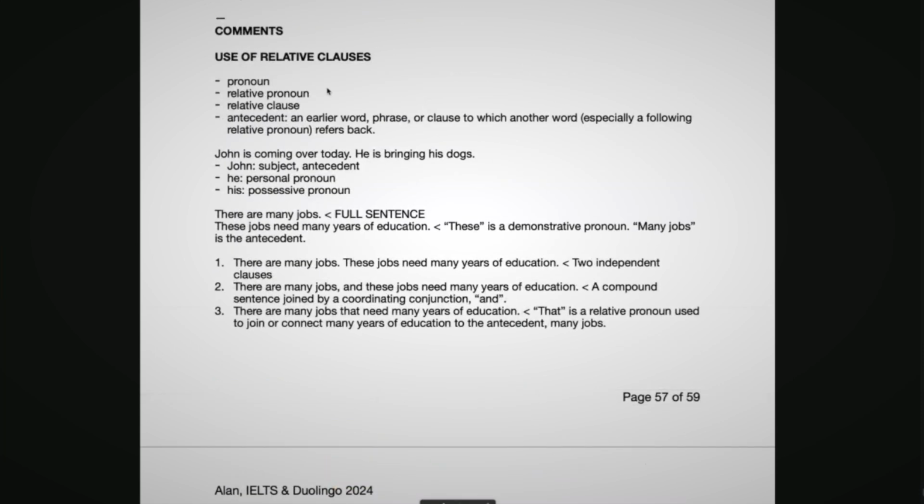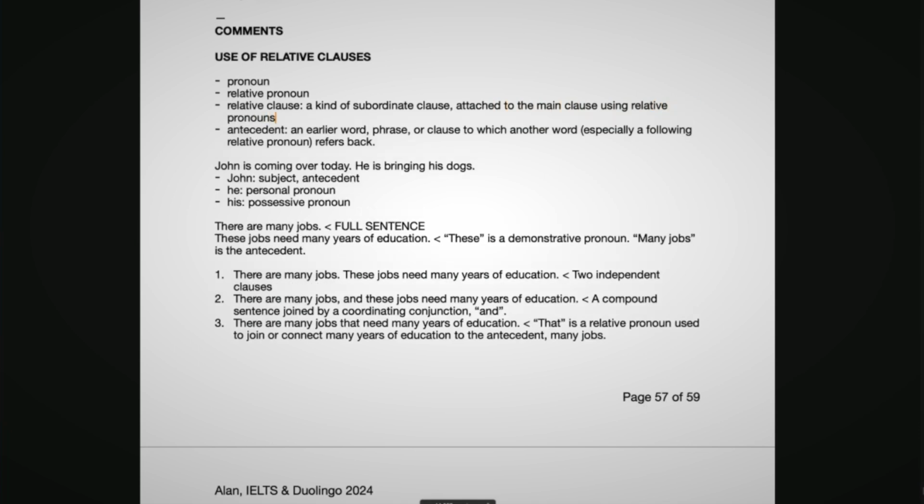A relative clause is a kind of subordinate clause attached to the main clause, using relative pronouns such as that, who, or which, such as, for example, etc.